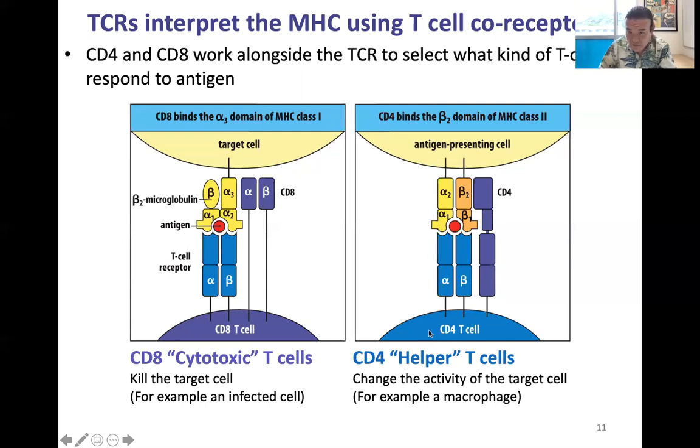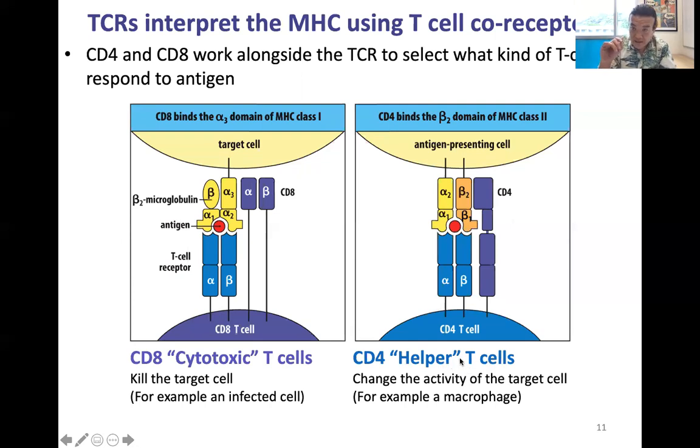So this T cell over here has a T cell receptor that by chance recognizes the combination of the red dot on MHC. But instead of CD8 on its surface, its co-receptor is CD4. And CD4 then swings over, and it's the right shape to be able to bind to and recognize that this is MHC2. And therefore, that combination of T cell receptor activating with CD4 activates this helper T cell.